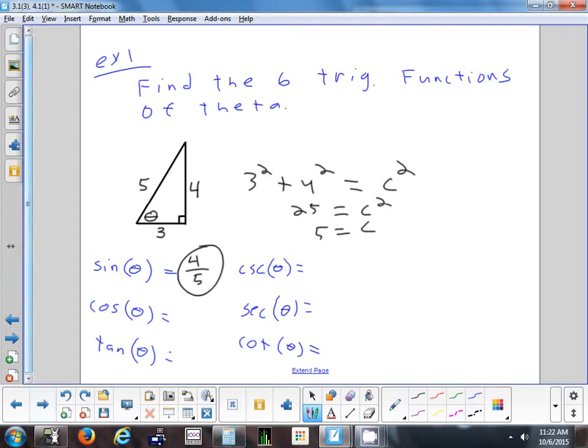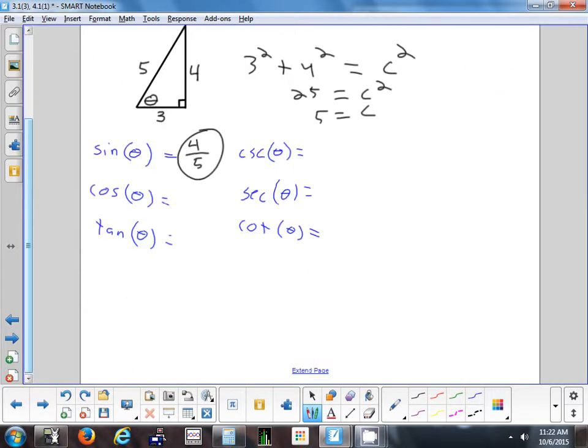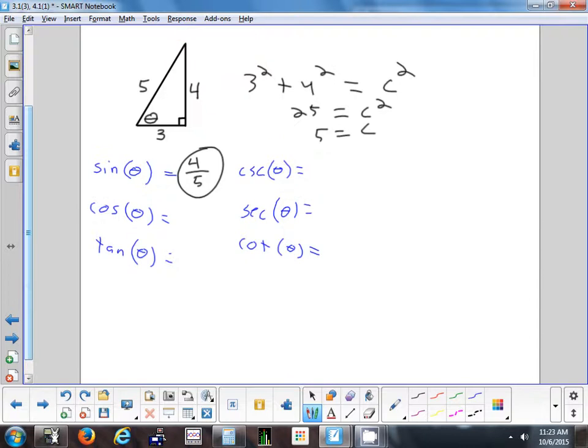Alex, how about my cosine? Adjacent over hypotenuse, which in this case would be what 2 numbers? Well, what side is next to theta? This is the side that's opposite theta. 3 over 5. Yeah, 3 over 5.